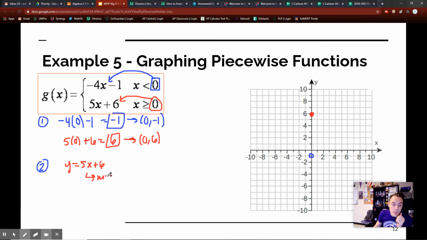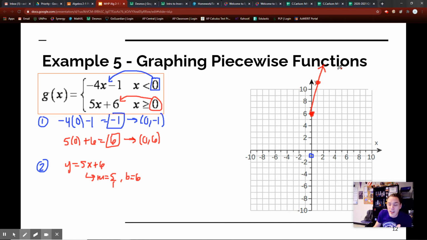My slope is 5 over 1, and then my b value is 6, right? Which we already plotted. Now when I graph this function, I'm going to build it in a way that is greater than 0. So I'm not going to go this way. I'm going to go up 5, 1, 2, 3, 4, 5, over 1. And I'm going to do that. So it should look something like this, roughly.